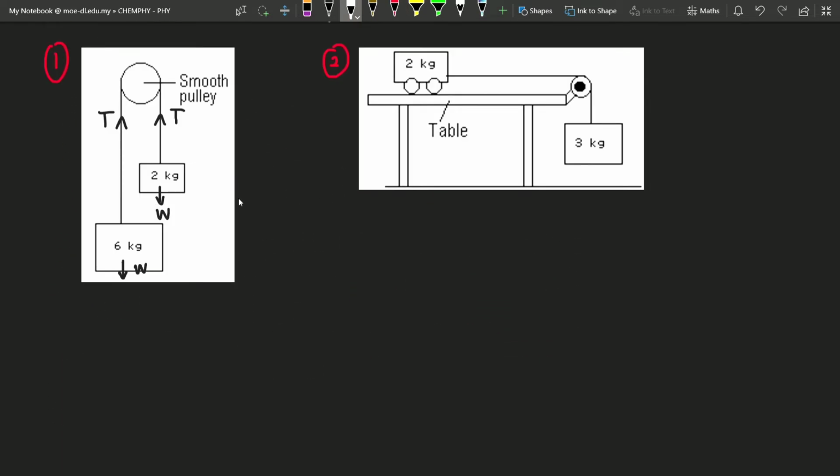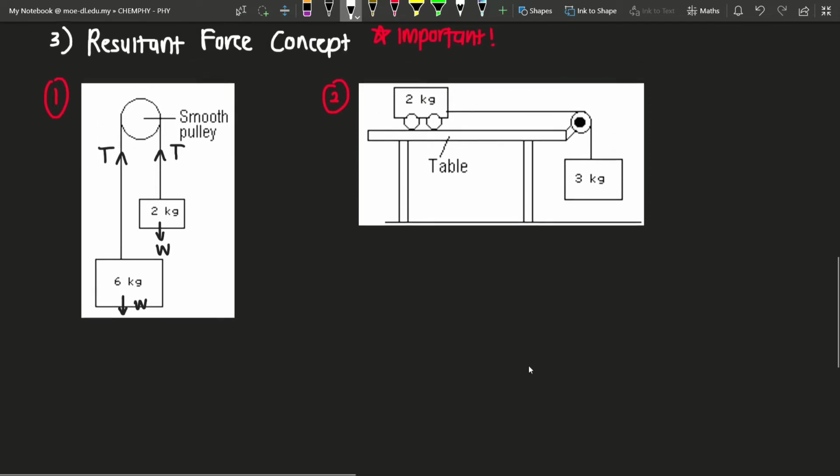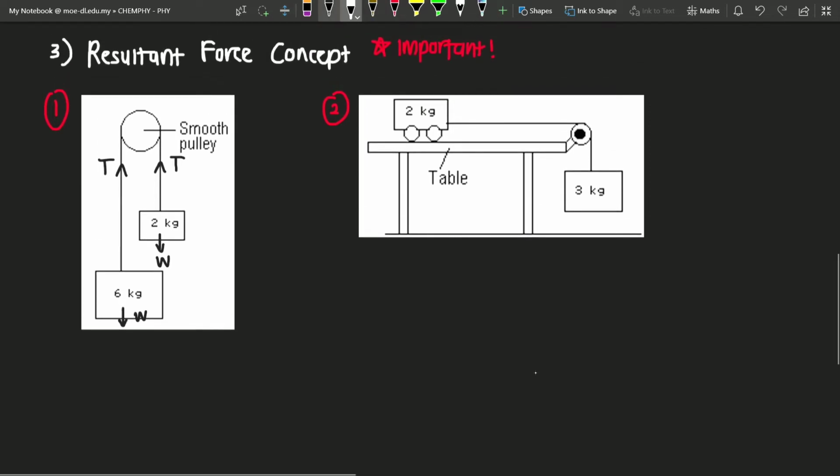Okay, the next thing you need to know is how to relate Pulley System with resultant force concept. Untuk jawab soalan sistem takal, you guys memang kena faham konsep daya paduan because this is really important. Okay, so kita tengok the first diagram. So kita ada objek 6 kg dan objek 2 kg.